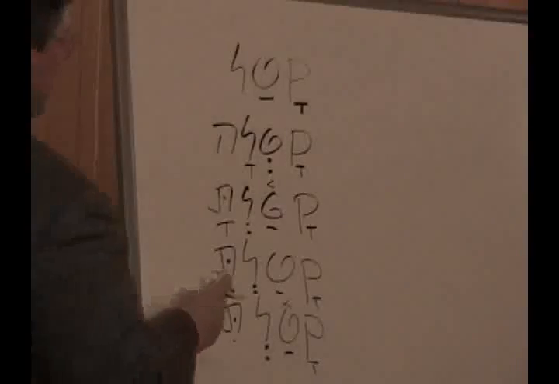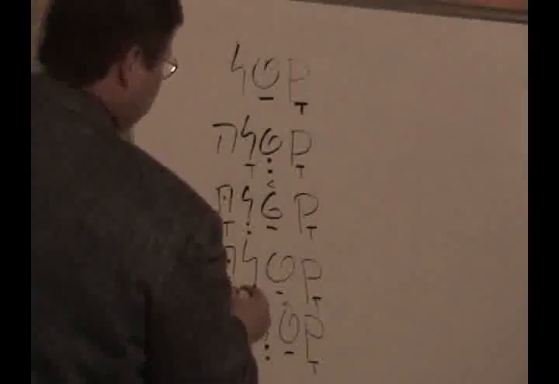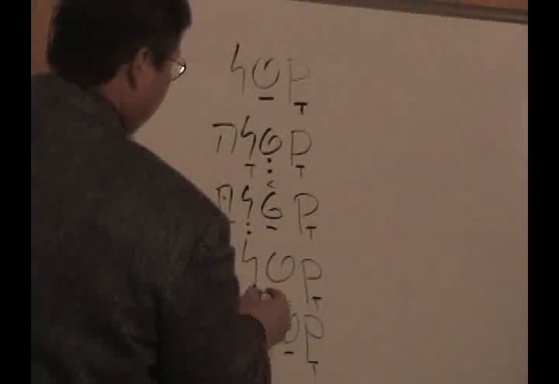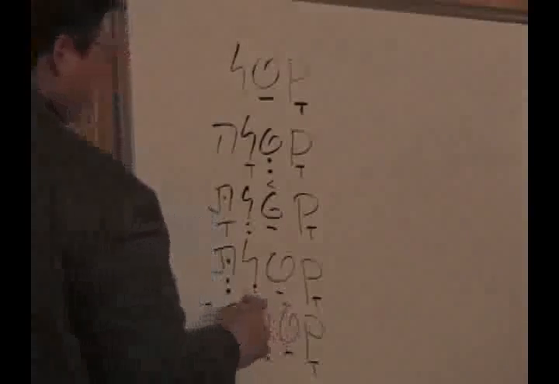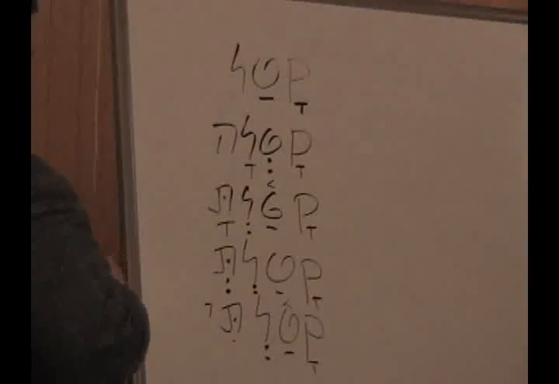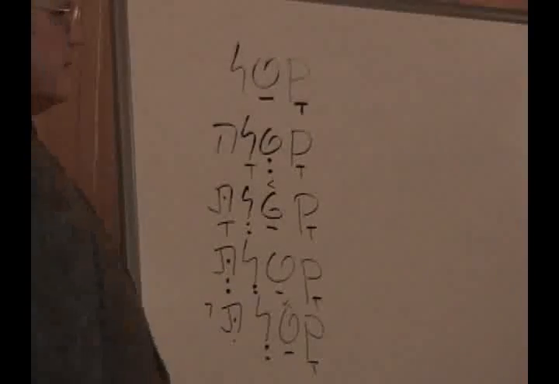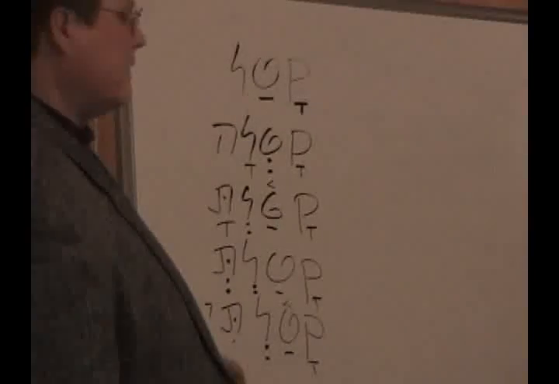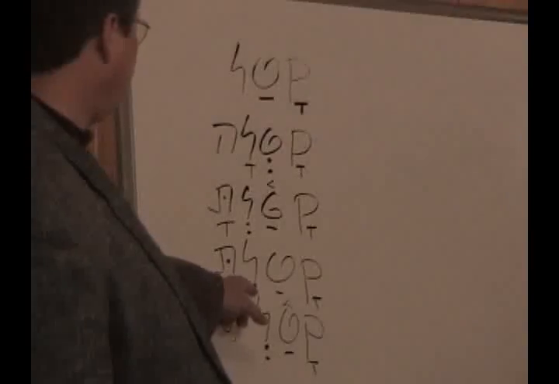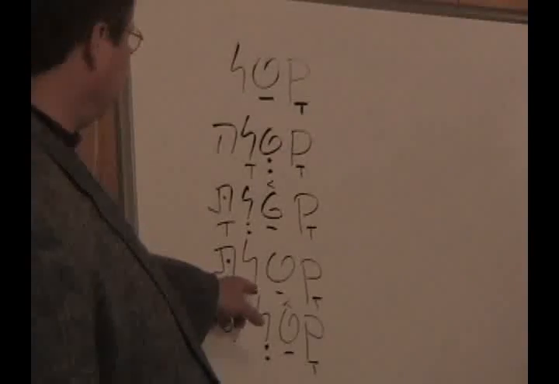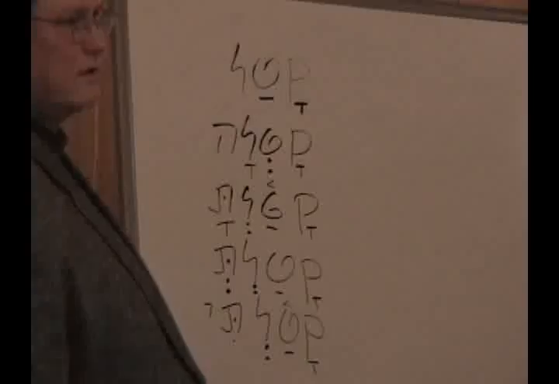Now, these, we're breaking a Shavah rule right here. Because normally, I can't have a silent Shavah at the end of a word. And normally, the first Shavah is vocalized. But in this case, neither one of these Shavahs is vocalized.